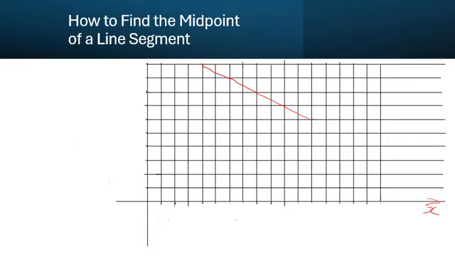Let's say that's x-axis, that's y-axis, and this is 0. Let's say 1, 2, 3, 4, 5, 6, 7, 8. 1, 2, 3, 4, 5, 6, 7, 8. And here 1, 2, 3, 4, 5. So let's say that's A and that's point B.